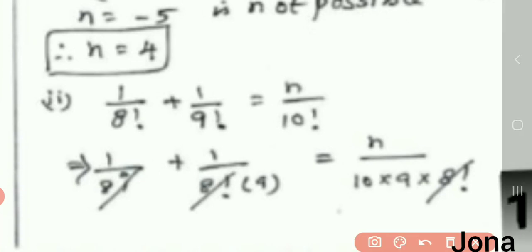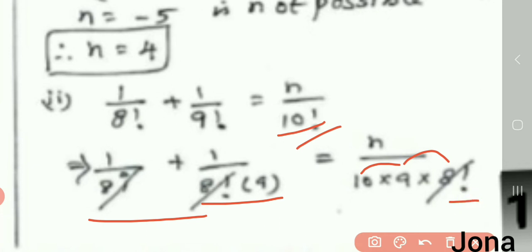So we can have this 9! as 9 into 8! equal to, here this 10! can be written as 10 into 9 into 8!. Okay, so that here we have 8! as common, and here 8! is there. So for each one we can cancel this 8! like this. The remaining things are 1 plus 1 by 9 equal to n by 10 into 9 only here, isn't it?